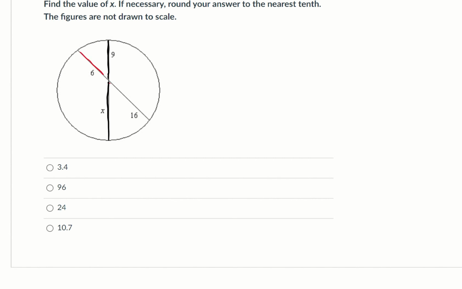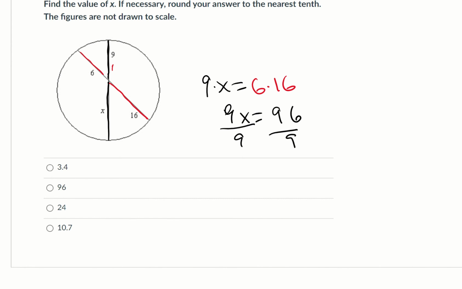So those two black ones multiplied is equal to these two red ones multiplied. So it's 9 times x is equal to 6 times 16. So we got 9x equals 96, and we can divide by 9 on both sides.